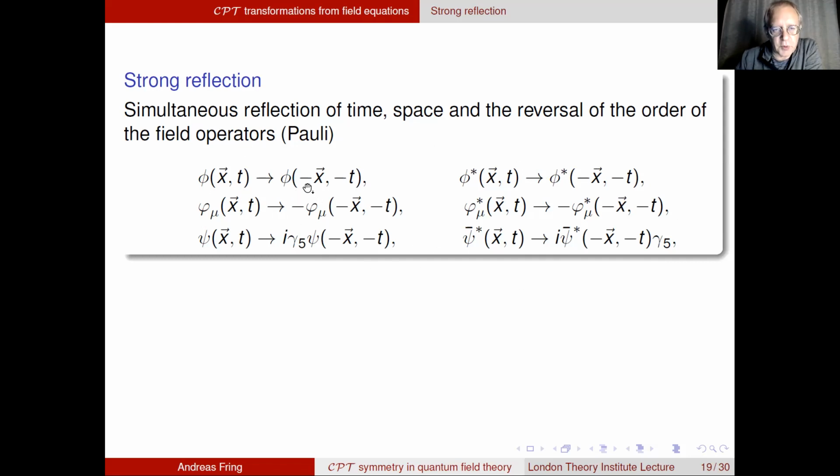So I have reversed time and space now simultaneously, but at the same time, you have to do what we have seen in detail before. You have to multiply these fields, sometimes by some matrices and sometimes by some signs. So in this case here, we pick up minus signs for the spin 1 field. The spin 0 fields are just staying the same. They're just reflected. And if we reflect just time and space for the spinor fields, we also have to multiply by i gamma 5.